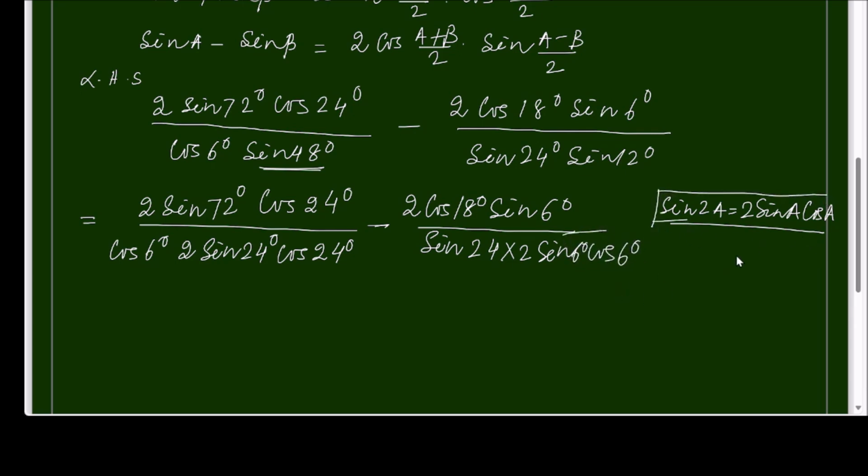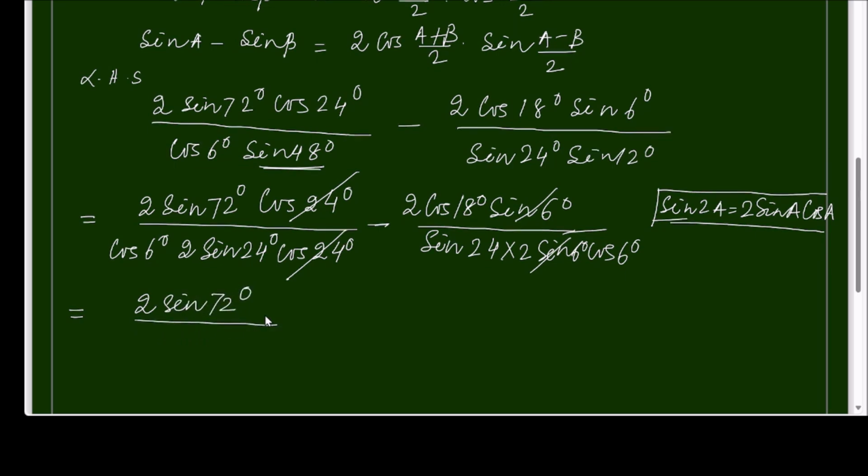Here it will be 2 cos 18 sine 6 degree, and to cancel this sine 6 degree I'll change sine 12, so it will be sine 24 multiplied by 2 sine 6 degree cos 6 degree. The formula I have written in the block. So in the next step, this 2 will be cancelled, and here sine 6 will be cancelled. So we will find the same term in the numerator and denominator.